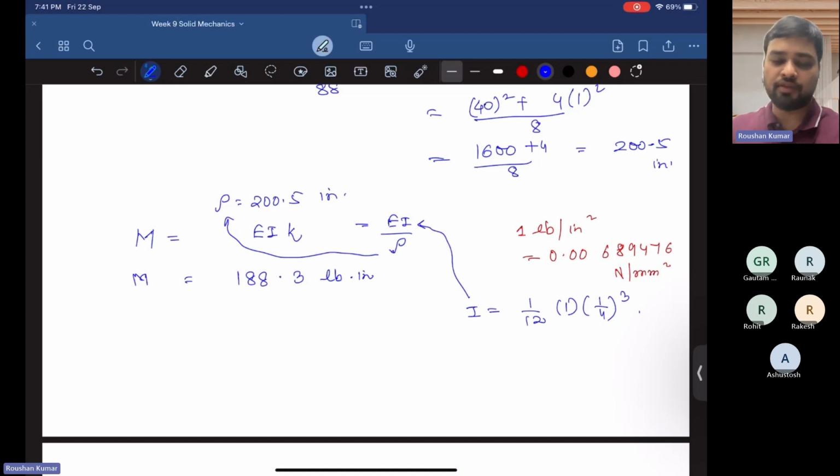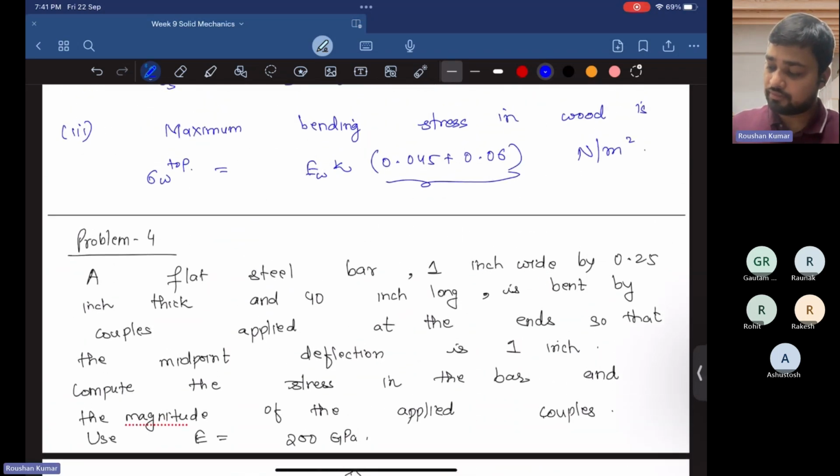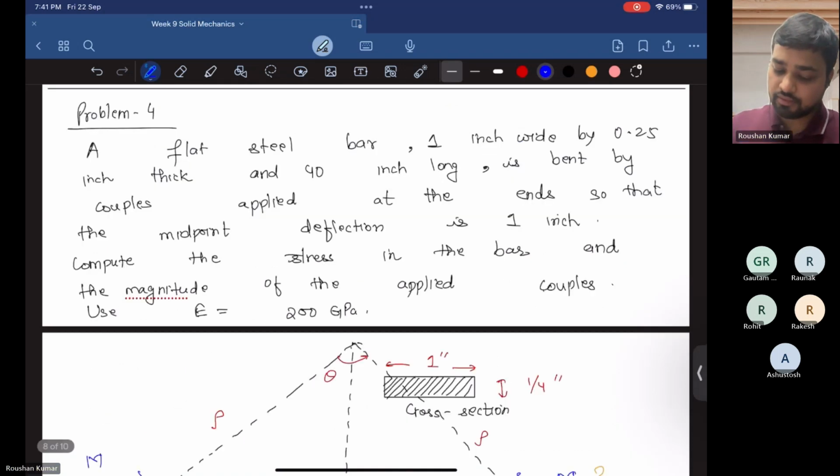If you are using lb per inch square, then use lb per inch square for every dimension. If you are using Newton per mm square, then use Newton per mm square for every variable. Okay, so this is question number 4. Problem 4 is about calculating the magnitude of applied moment.